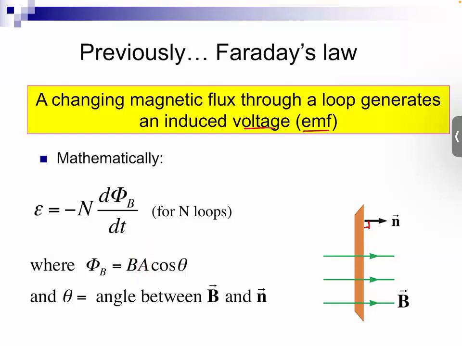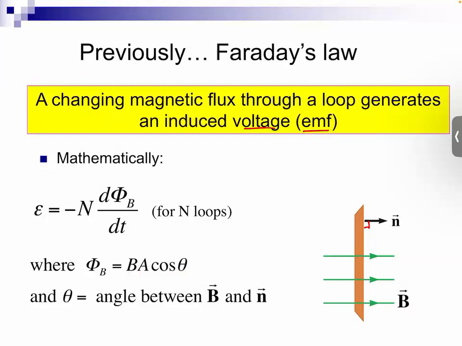All right, so in other words, we can generate a voltage if we change any of these variables here. If we change the magnetic field magnitude, the area of the loop, or the orientation between the loop and the magnetic field. And of course, because this is a rate of change, we can also create a voltage by changing how fast any of these variables changes, right?